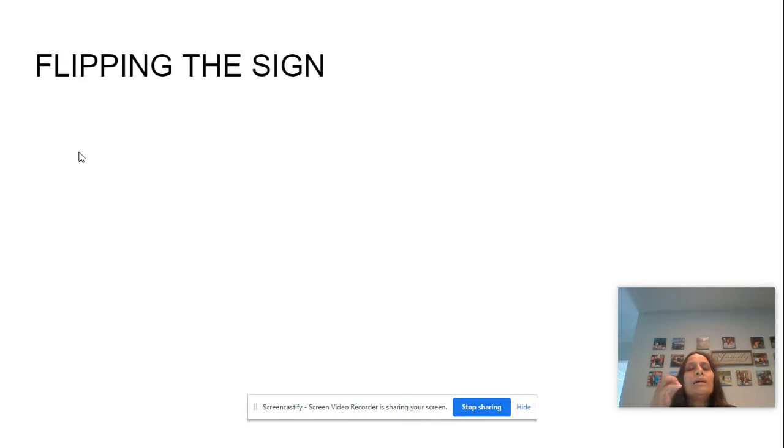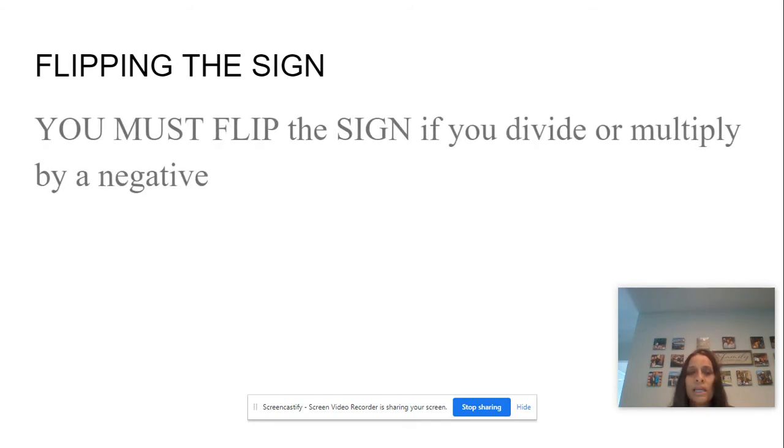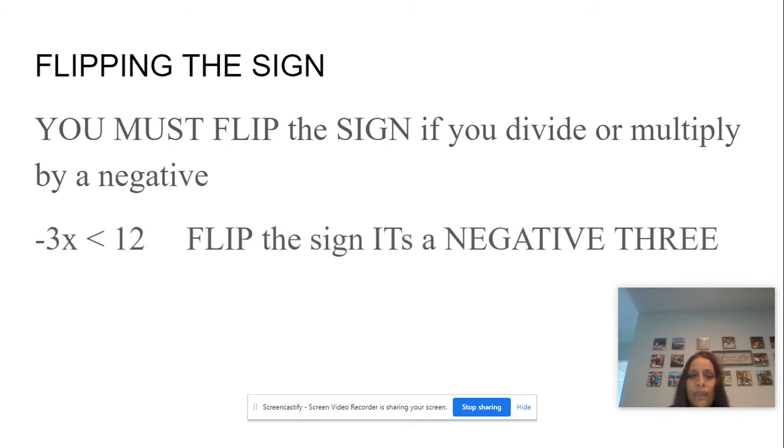The biggest thing about inequalities is knowing when to flip the sign, not the inequality, but the actual less than, greater than, less than or equal to, or greater than or equal to sign. So let's take a look. You must flip the sign if you divide or multiply by a negative.